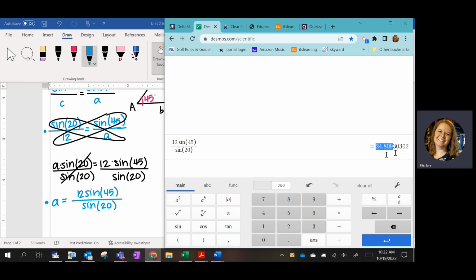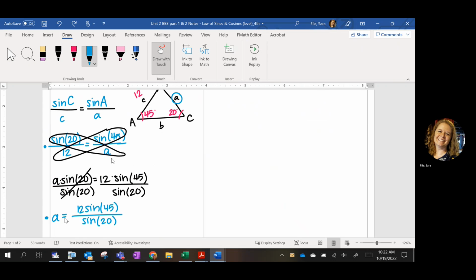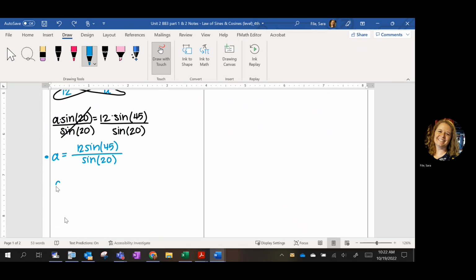Do we need to round this up? No, we leave it at 9, because this next number is not 5 or higher. So 24.809. We don't have any units of measure or anything like that.